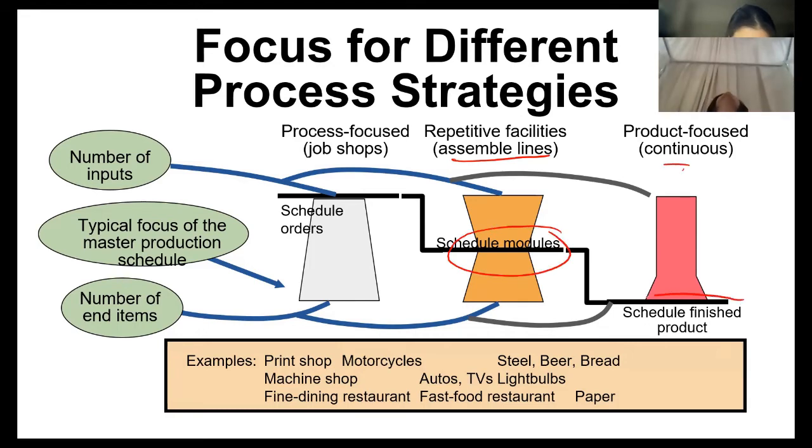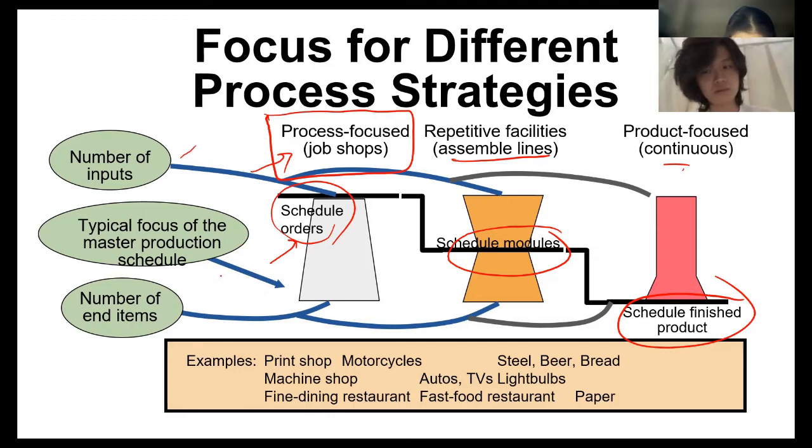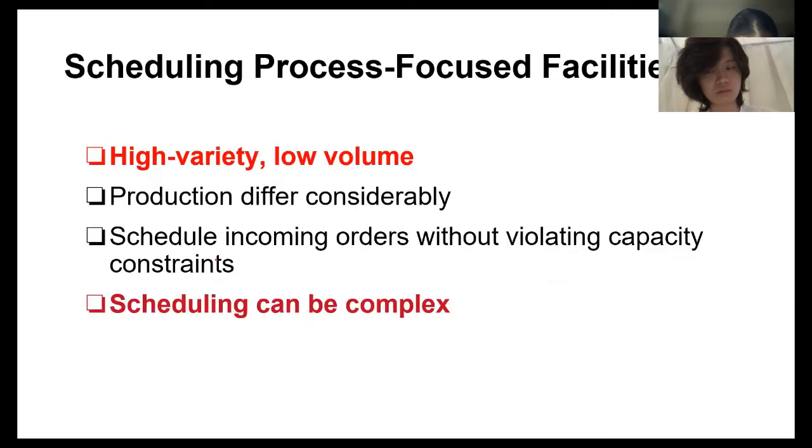For finished product also is quite easy. But the most difficult scheduling is in job shops, process focus, where you need to schedule orders. And of course, it depends on the number of items and so on. So different process strategies have different focus for scheduling.